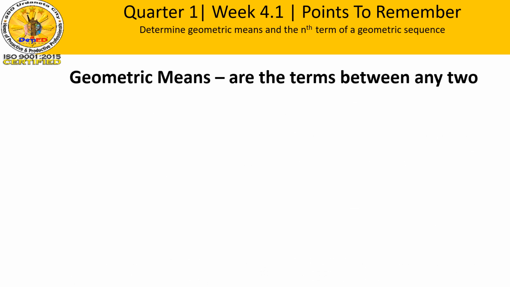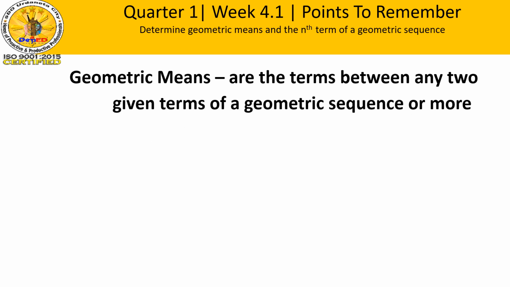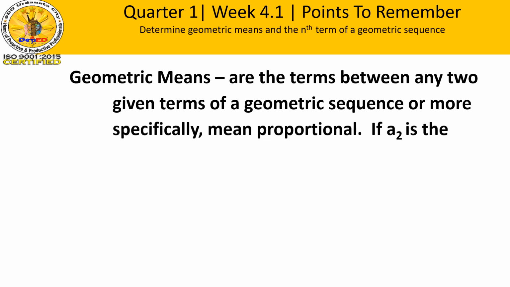Next, we have geometric means. Geometric means are the terms between any two given terms of a geometric sequence, or more specifically, the mean proportional.